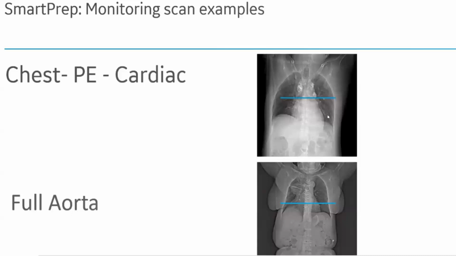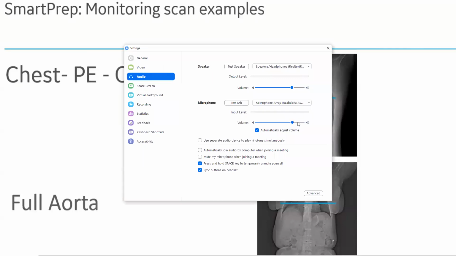When you click on audio settings, can you see which microphone is activated? Because sometimes it's using the computer microphone or sometimes an external microphone.